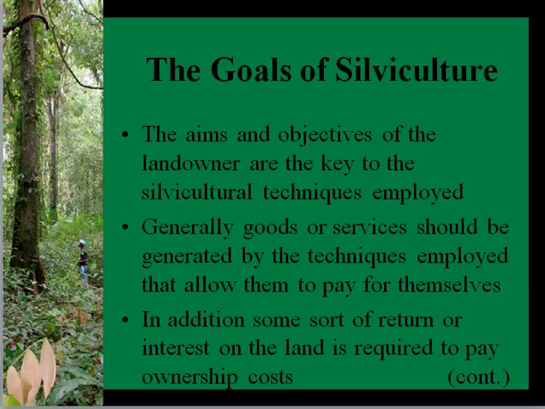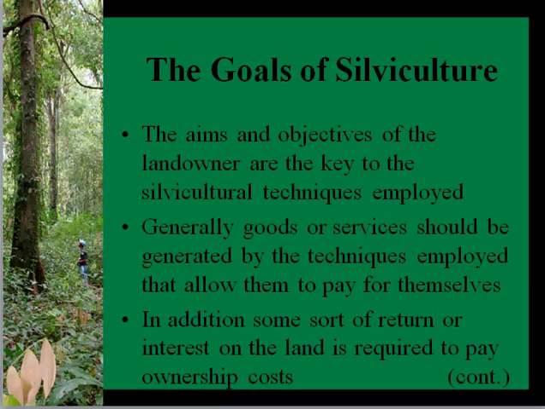So the different aims and objectives are going to influence the different silvicultural techniques employed. If the goal of the landowner is to maximize profit, to maximize the economic return, then the forest will be manipulated to try and maximize economic return. And the economic return generated needs to go back and pay for all the inputs which need to be put into that land to create those goods and services.